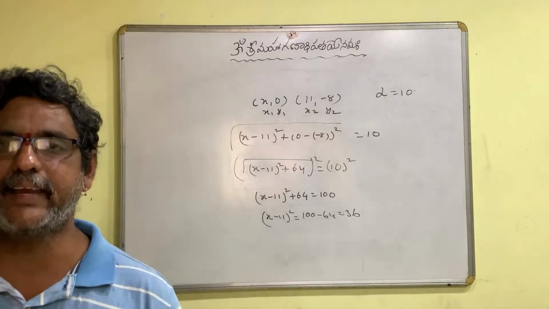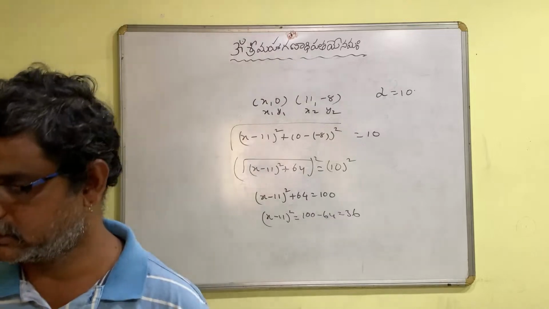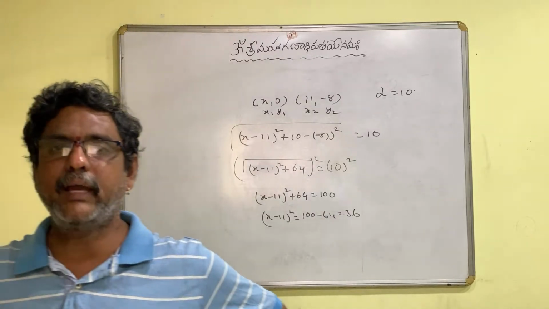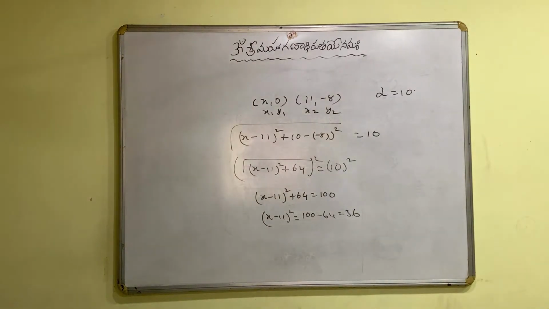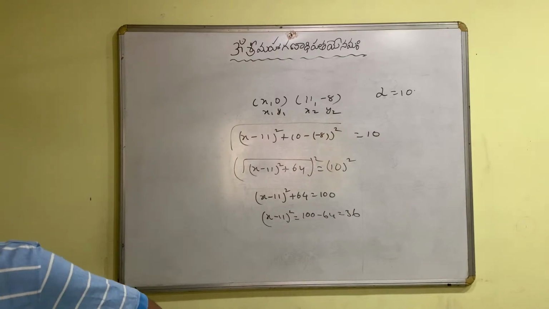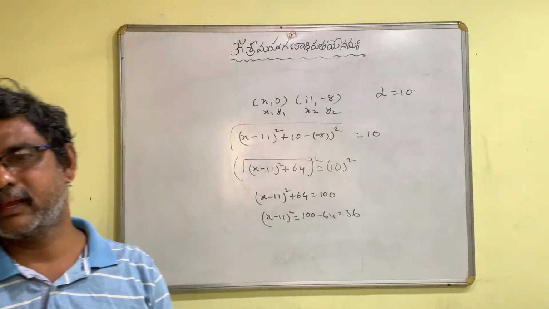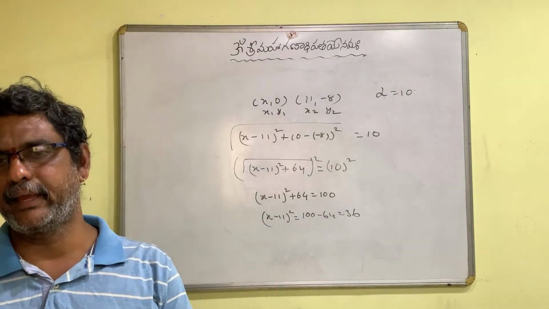Then what are the values of x? Children, fast. Values of x. Seventeen and 5.